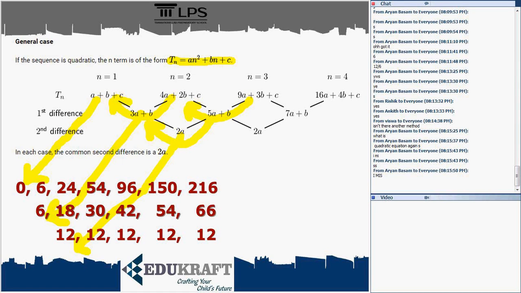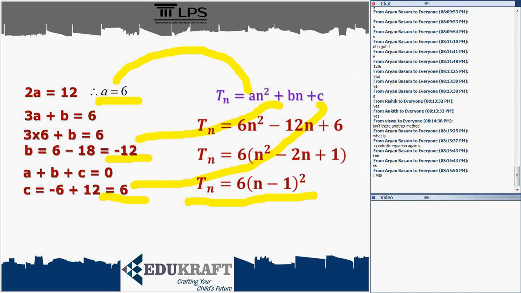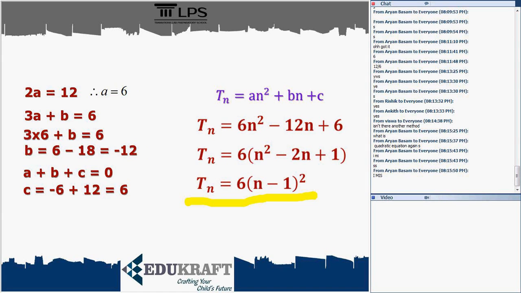If I do that, I will get linear equations like these and get A, B, and C. One thing I have to do is substitute these values in the general expression to get the general term, any nth term in the sequence.